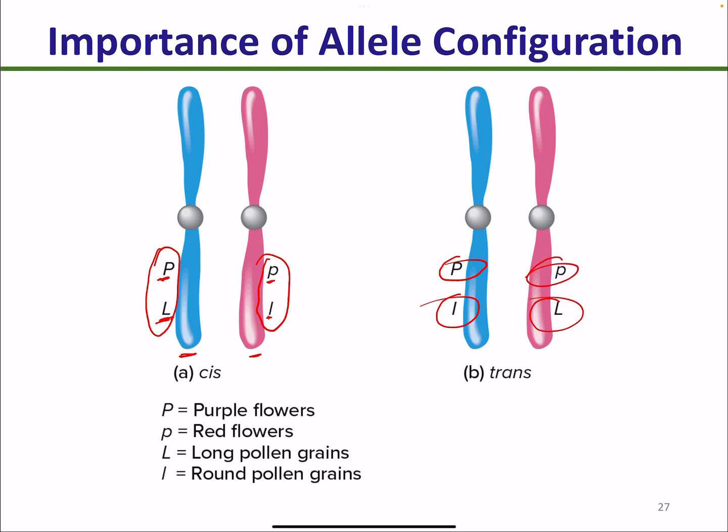That kind of organization is called trans organization, all right? So that trans configuration is very important when it comes to what could be the outcome in terms of gamete formation at the end of the day.